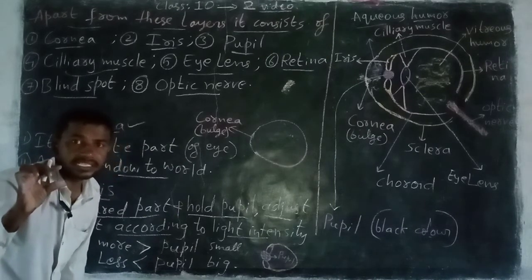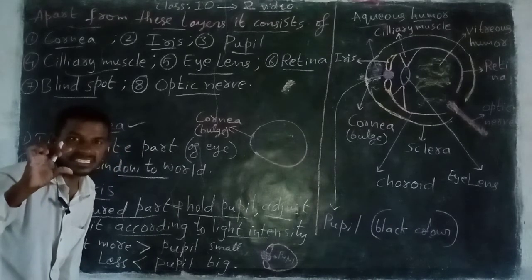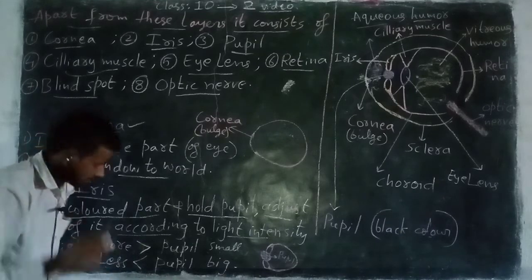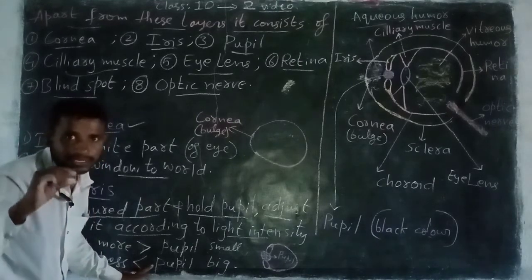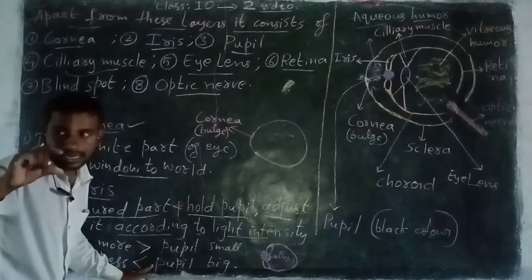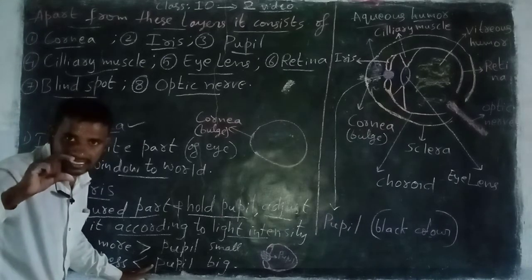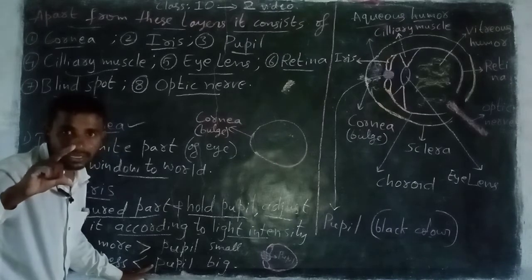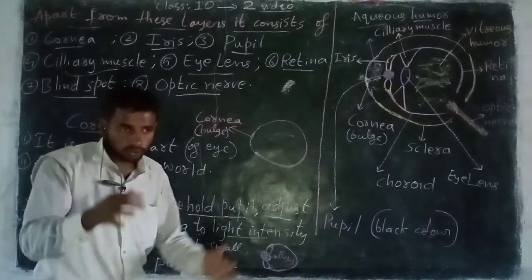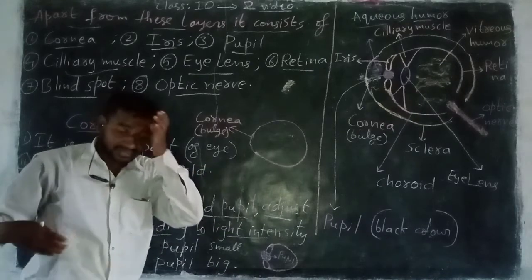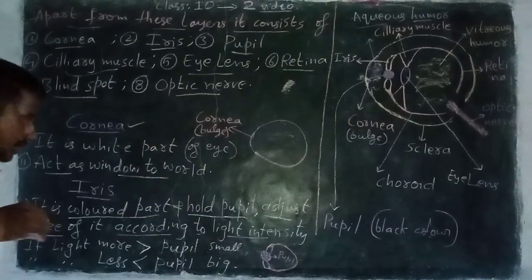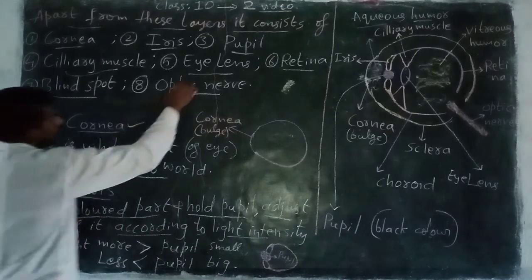When light intensity is less, pupil size becomes big, to receive all the light rays inside.